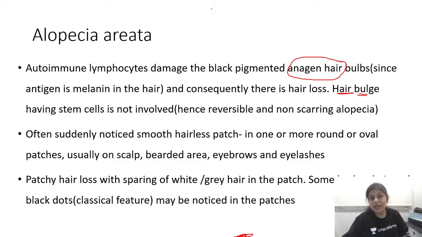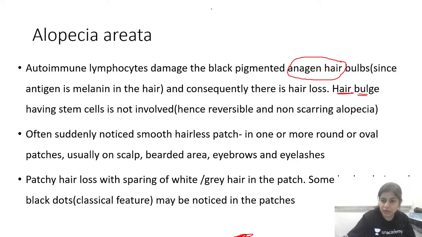So stem cells are present at the site of the hair bulge, and if you have any inflammatory condition which is involving the bulge area of the hair follicle, what will happen? It will give rise to complete loss of hair, and that will be irreversible. Okay, so when the hair bulge area is involved, you get cicatricial alopecia or scarring alopecia.